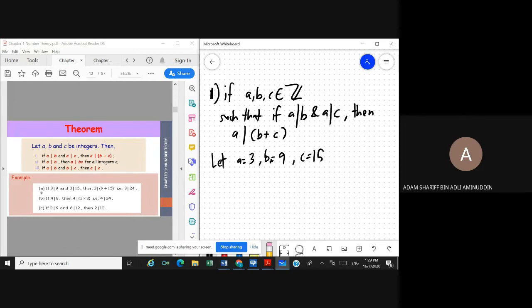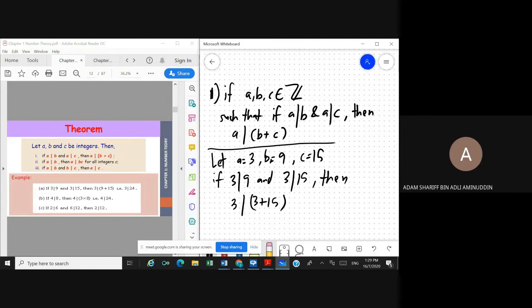This theorem indicates that if 3 is a factor of 9 and 3 is a factor of 15, of course, then this will happen. Then 3 is also a factor of 9 plus 15. Is it correct? If we check, 3 is indeed a factor of 24. This happens to be true for every integer.